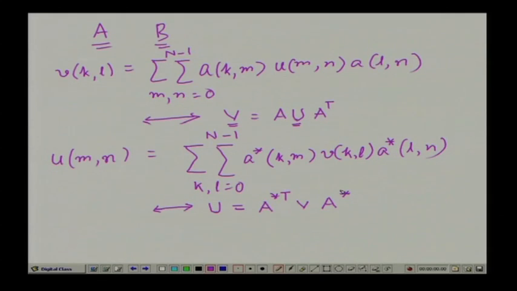So, you find that from our original expressions, we have now brought it to an expression in the form of separable transformations.